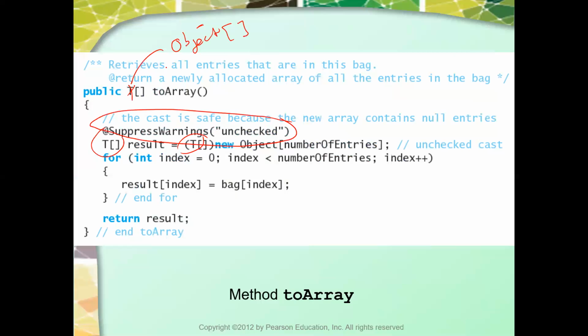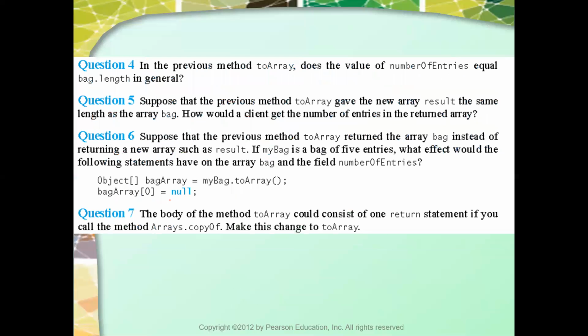So I'll explain that, I think, as we do the constructor together. But what it's doing is it's making a new array and copying all the items over into the new array and then returning that as a way of just giving you the contents of the bag. Okay.